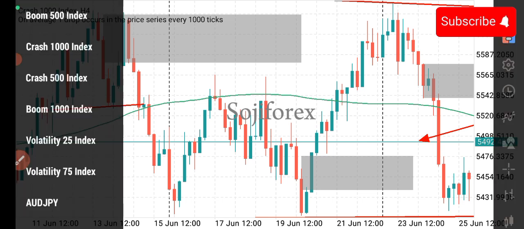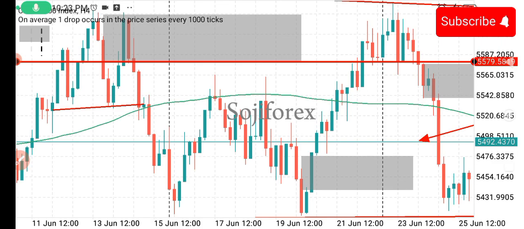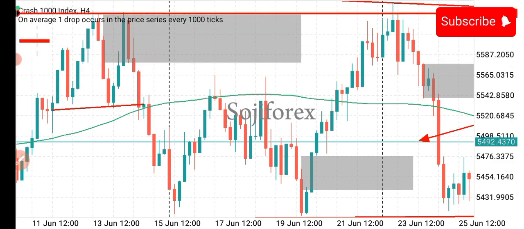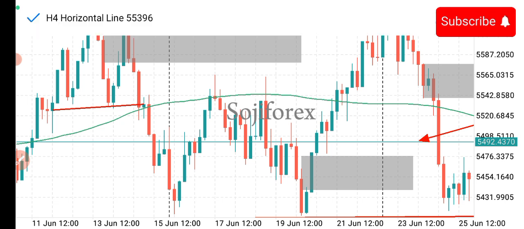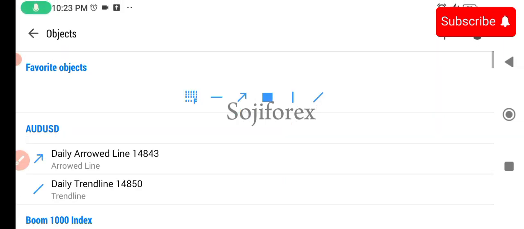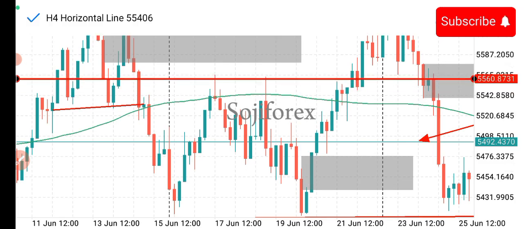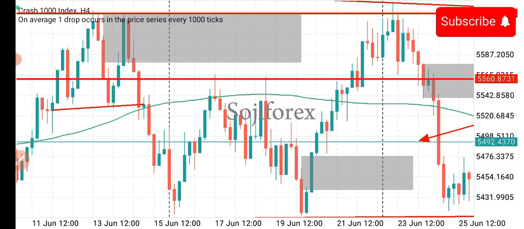Looking at this one, you can choose to mark out this zone here as your area of support, and as the case may be, resistance. Here too as the area of resistance, right?